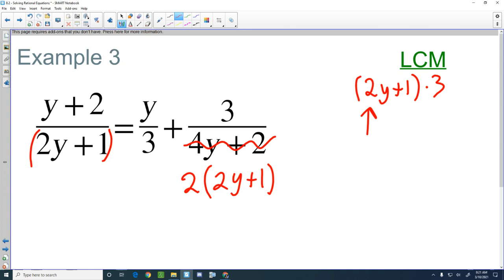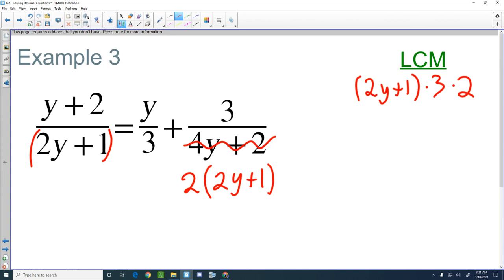Because that 2, remember, it's part of a bigger grouping. It's part of a polynomial. You can't single it out. And so we do need to account for this additional 2. And is that it? Do I have now the factors from each denominator accounted for in our LCM?